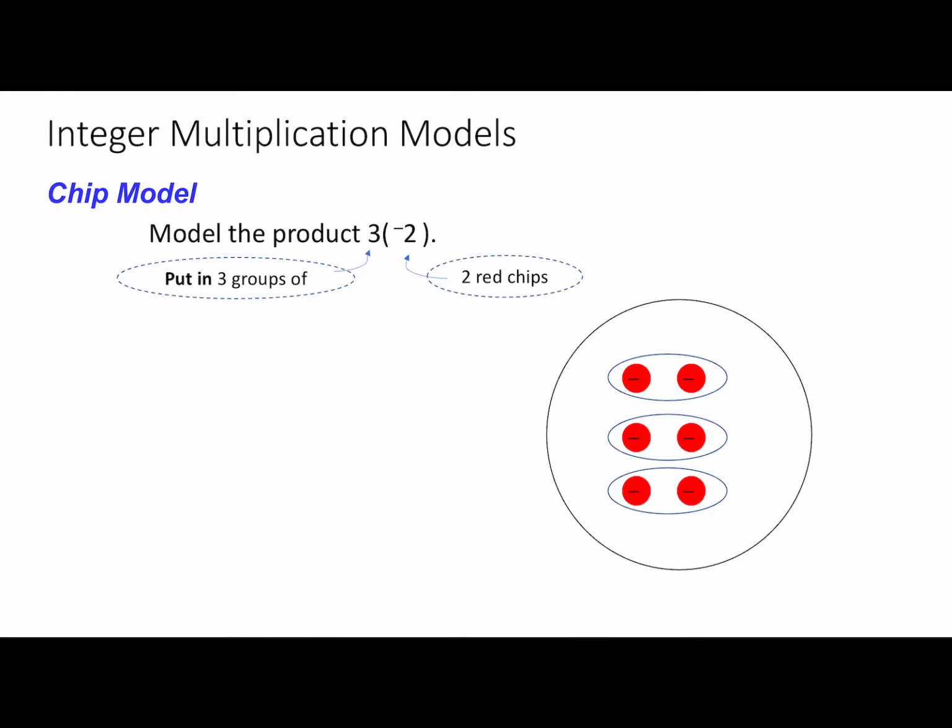So I'm going to put 3 groups of 2 red chips into my circle. And if I count those, there are 6 red chips. So 3 times negative 2 equals negative 6.